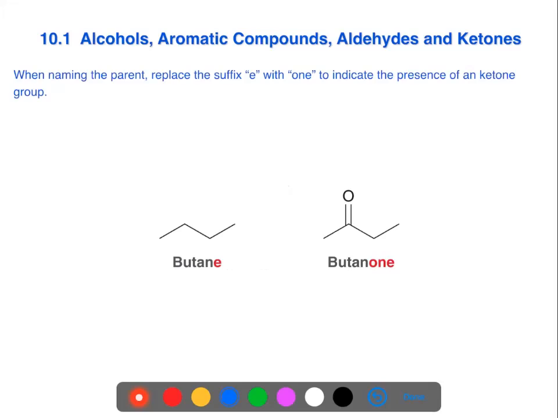Now, when we're naming ketones, we're going to replace that suffix E with ONE to represent the presence of that ketone. And unlike aldehydes, the ketone group can occur at different positions within a parent system. It won't be at the end, because if that carbonyl group was at the end of this structure, then we would have butanal.